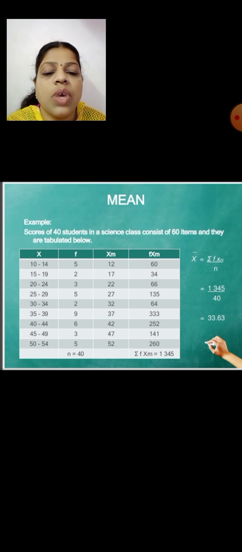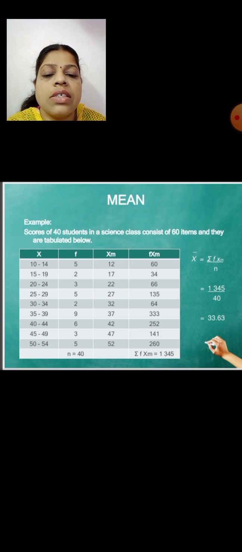Next one is XM. XM is given, that is 12, 17, 22, 27, 32, various values are given.